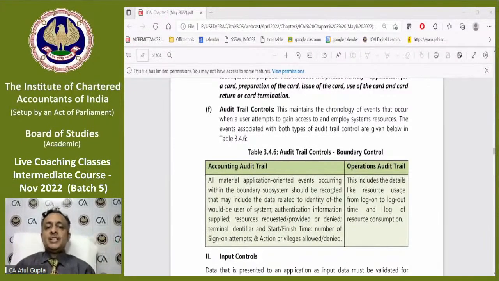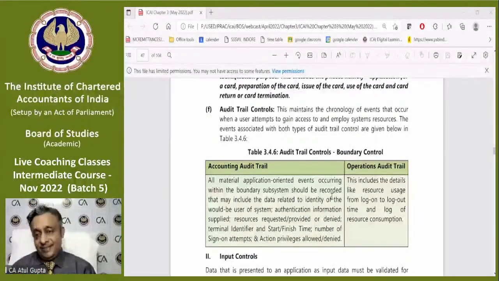All material application oriented events occurring within the boundary subsystem should be recorded. That may include data related to identity of the would-be user, authentication information supplied, resource requested, resource provided, resource denied, in time, out time. That is accounting. Operations, what has been done. Log on time, log out time, and resource consumed. What has been done.